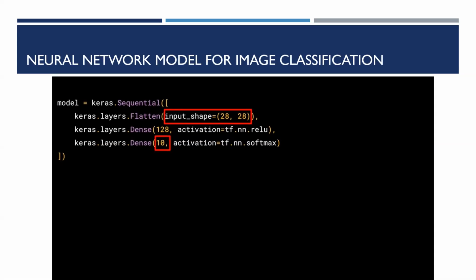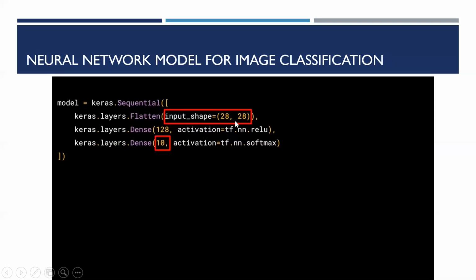But in this particular case, our model is equal to keras.Sequential. Here we have 3 sequential layers. Each of these images was of shape 28 by 28, 28 pixels by 28 pixels. That was the input shape.